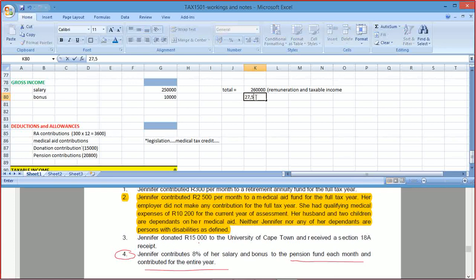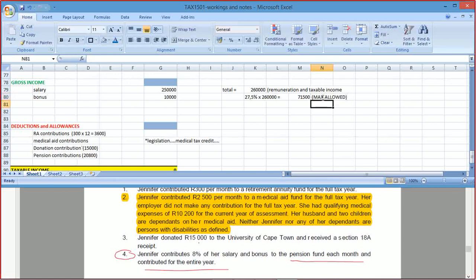Right, so 27.5% times 260,000 gives us an amount of 71,500. Okay, so is 71,500 allowable? Yes, this would be the maximum allowed.